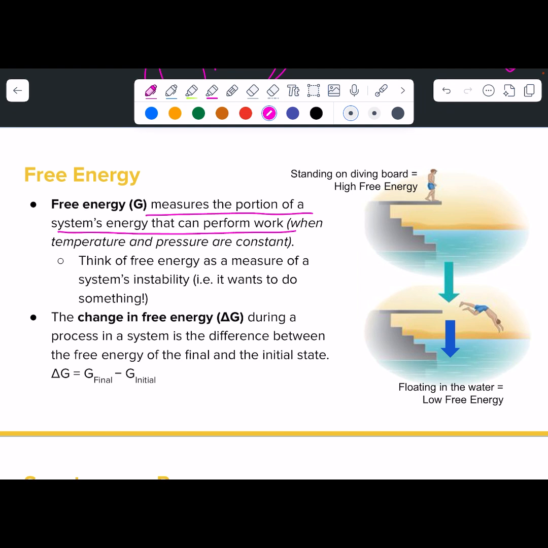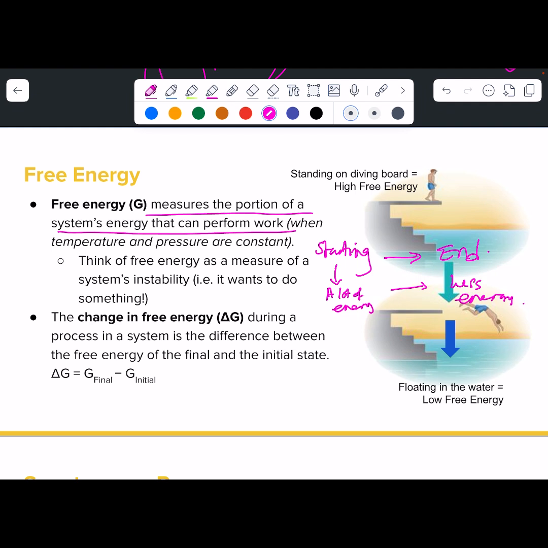And how do we know whether a reaction is going to give out energy or it is not going to give out energy? We simply measure the beginning of a reaction and the end of a reaction. If at the beginning, the reaction had a lot of energy, okay? And then at the end, the reaction had less energy.